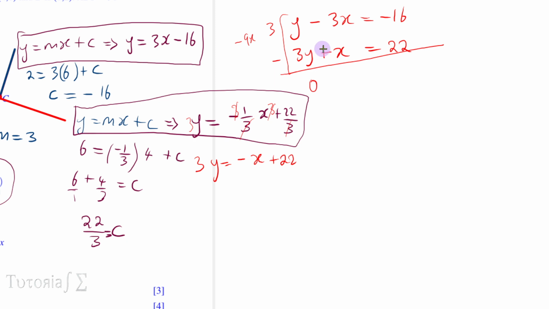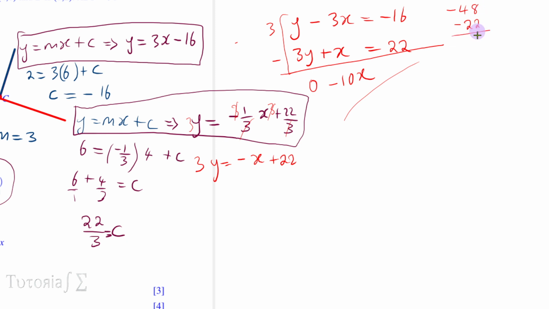Then negative 1 times x will be negative x. So when these are added, this will give us negative 10x. Then here 3 times negative 16 will give us negative 48. Then negative times this will be negative 22.